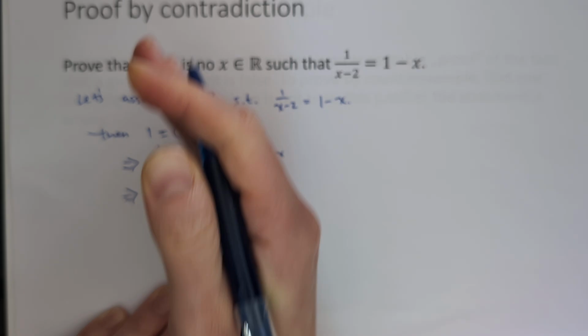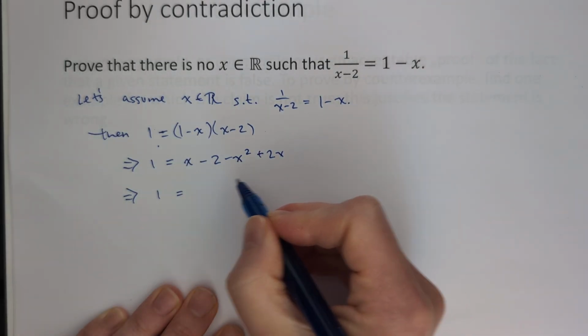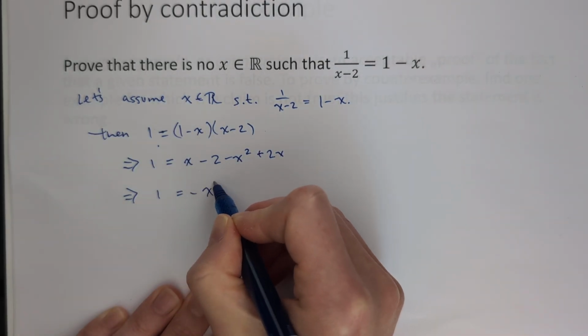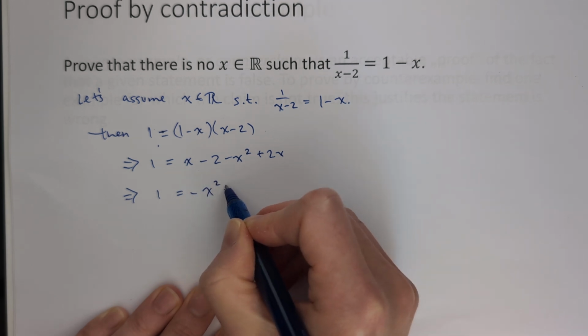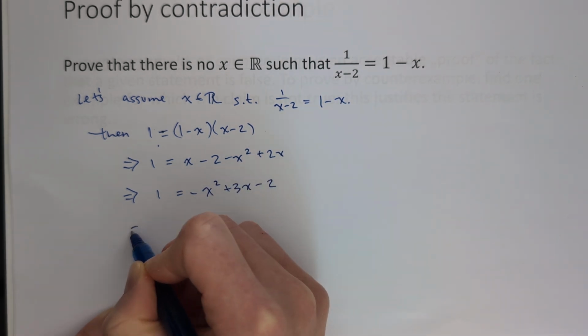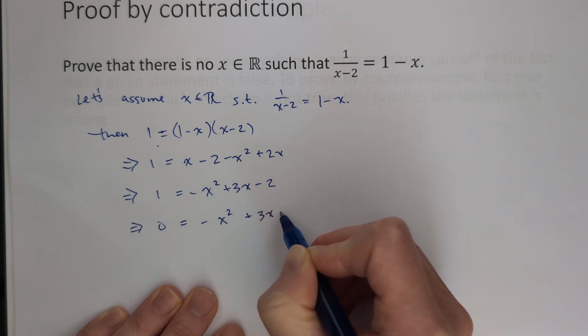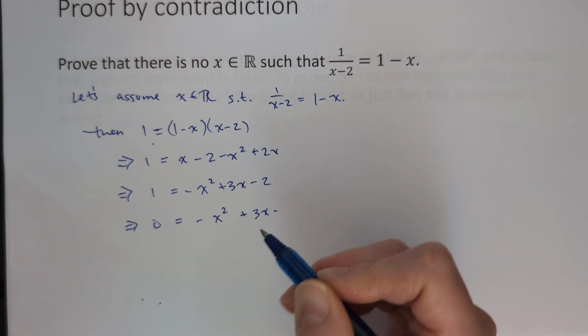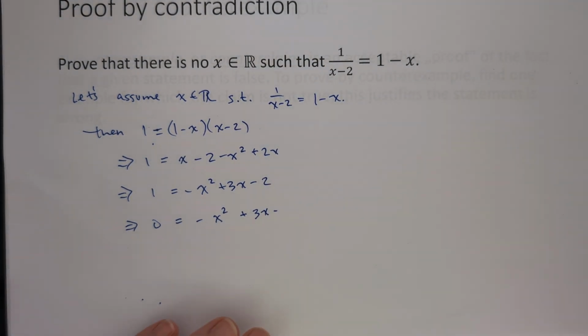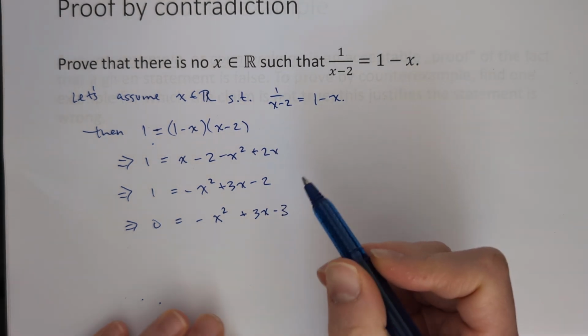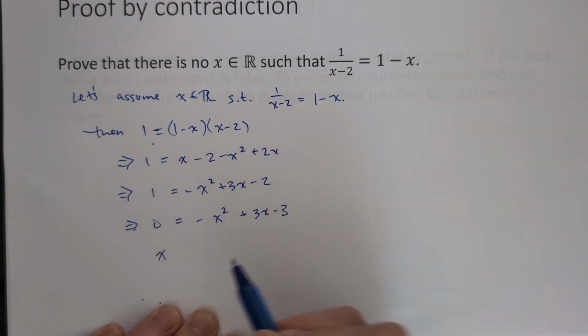And just keep using these logical steps. To simplify this, I'm going to move things into a common order here. Negative x squared plus 2x plus x minus 2. This is nothing hugely surprising. Okay. Minus 3. And then I know I can solve this using the quadratic formula.